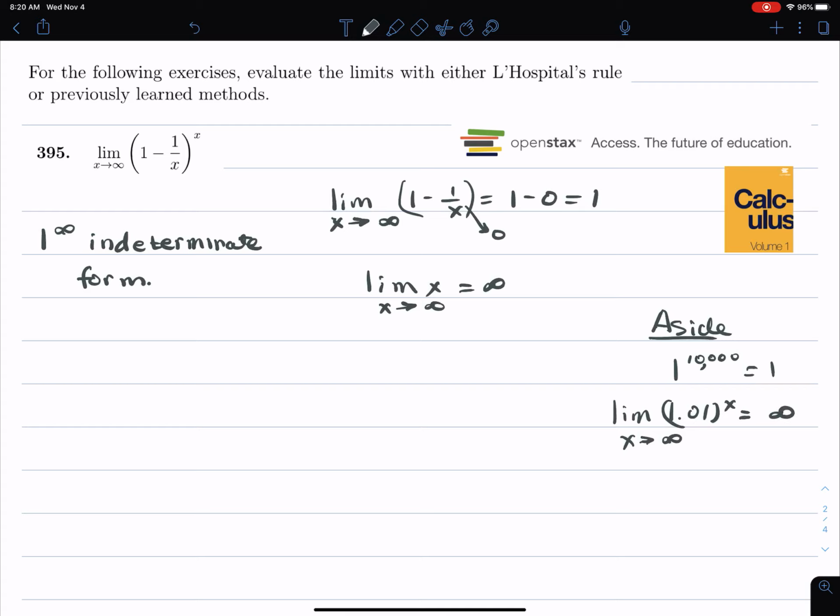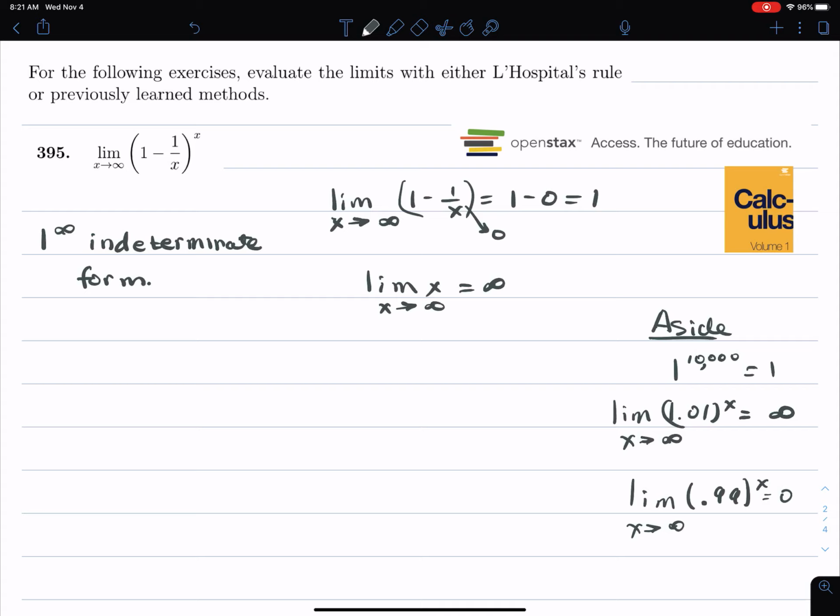That's infinity. So it's not clear what's going on. And if the base is like 0.99, for example, and x goes to infinity, that limit would be 0. So these things are working against each other.